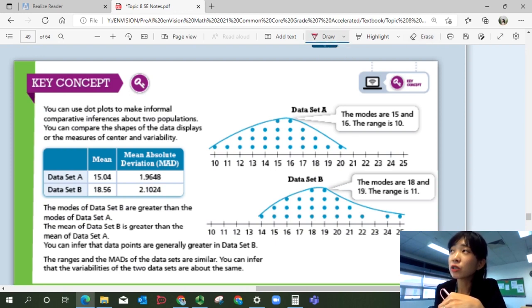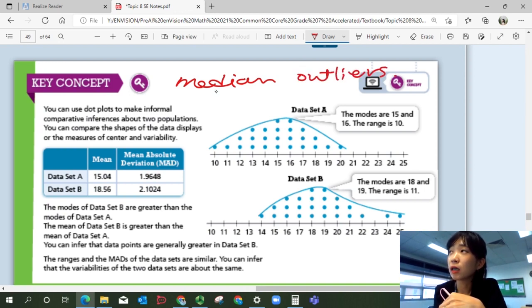Don't forget to use median instead of mean when you have outliers. And the measure of variability for median, instead of MAD, would be IQR. So make sure you look at the situation data and see whether or not they have outliers.